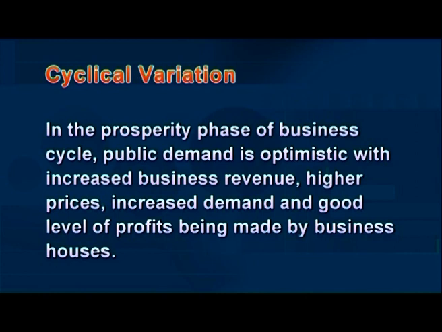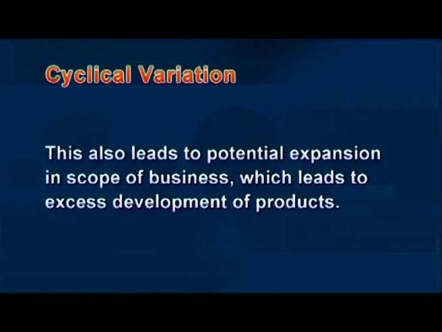In the prosperity phase of the business cycle, public demand is optimistic with increased business revenue, higher prices, increased demand, and a good level of profits being made by business houses. This also leads to potential expansion in scope of business, which leads to excess development of products.